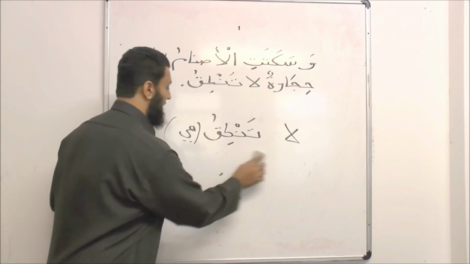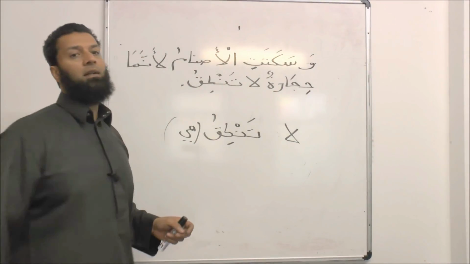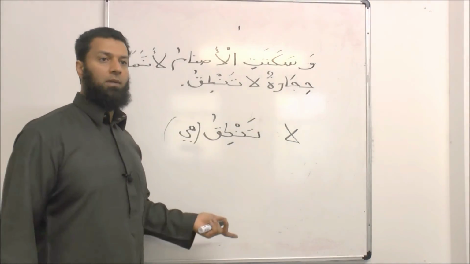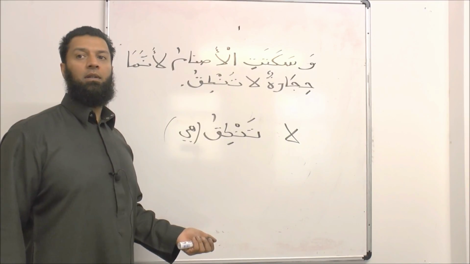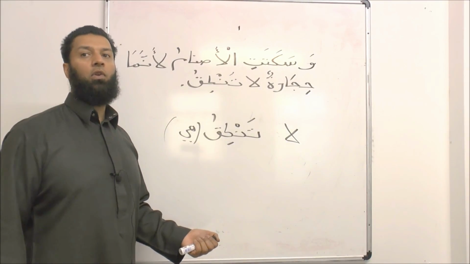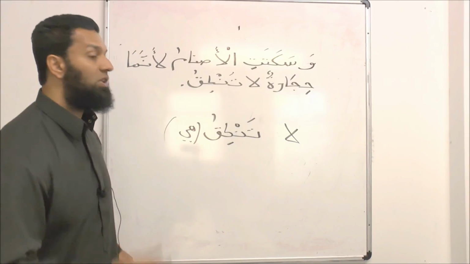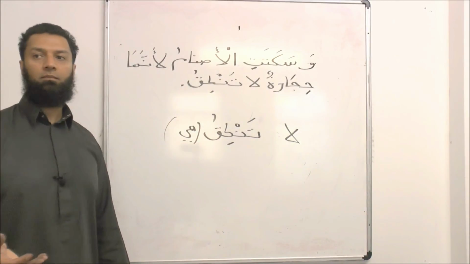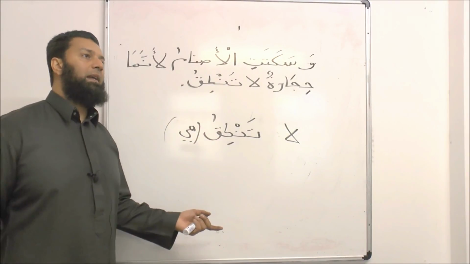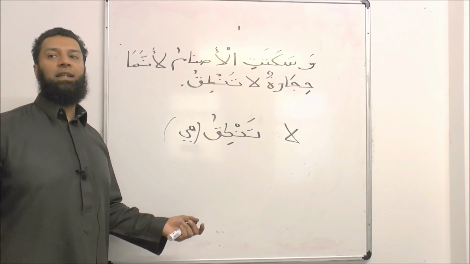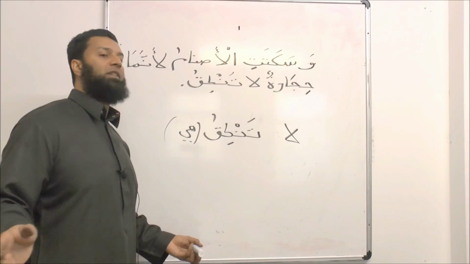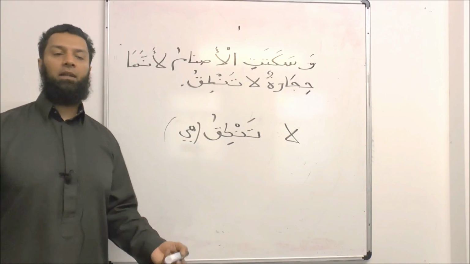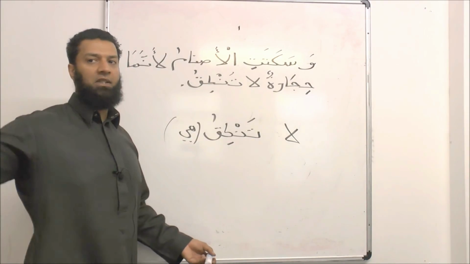But the point is here, nataqa, he spoke. He spoke about something? No, nataqa is just to speak. I can see that you might think you're waiting to hear what he spoke, but you can say in English, he spoke.